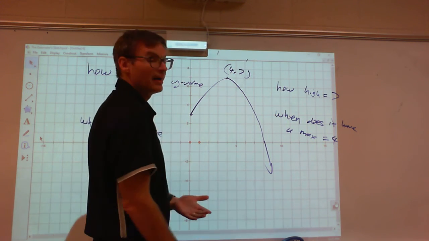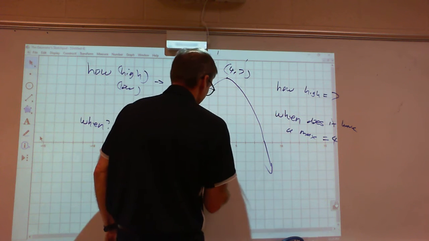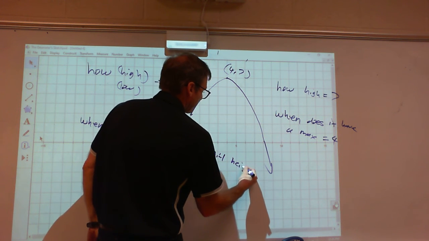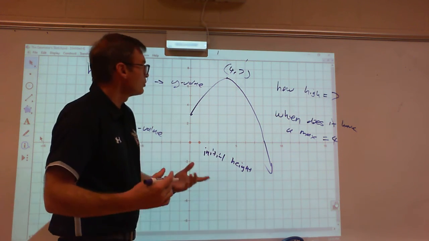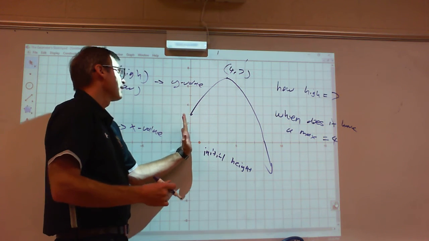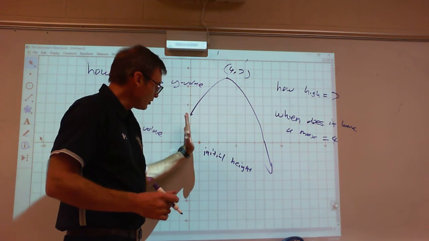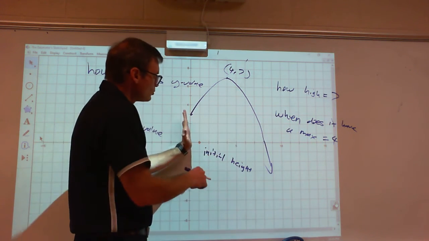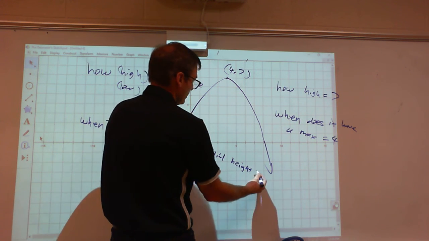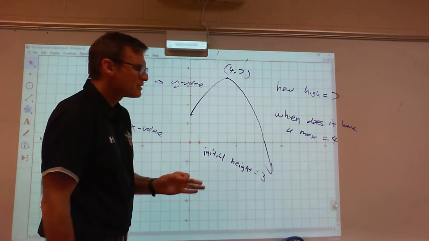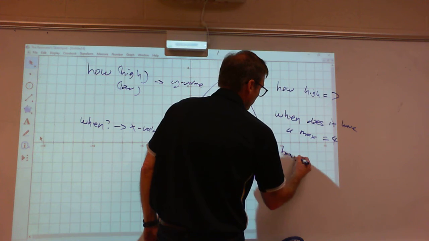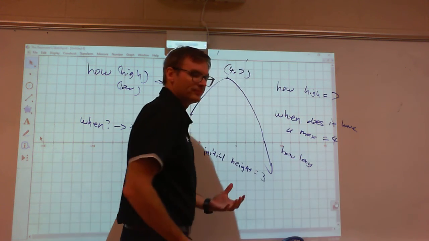Sometimes they ask the initial height. Your initial height is the height at the beginning, and so you only look from x equals 0 to the right. So my initial height is whatever my y-intercept is, which in this case is going to be 3. And sometimes they ask how long, right?